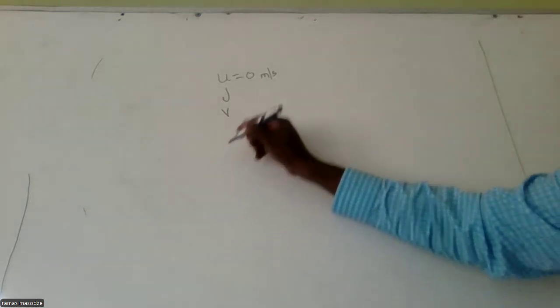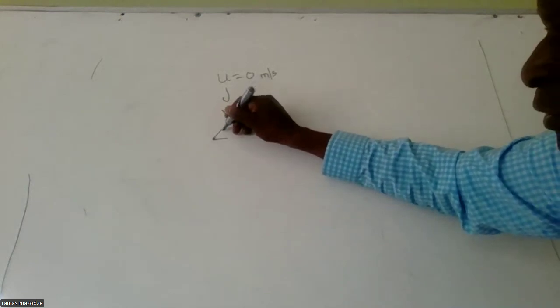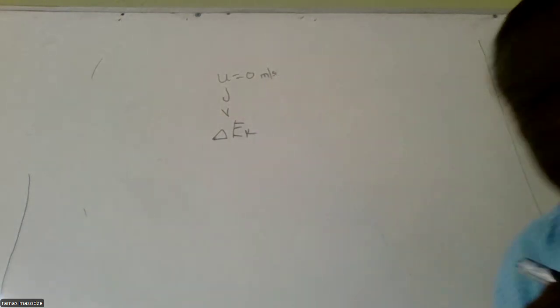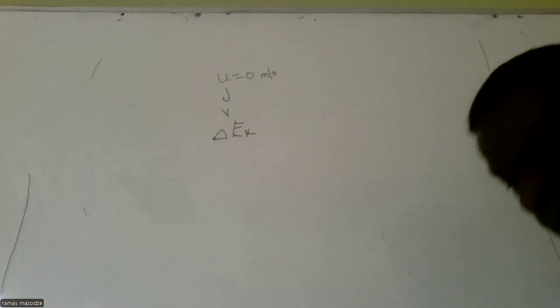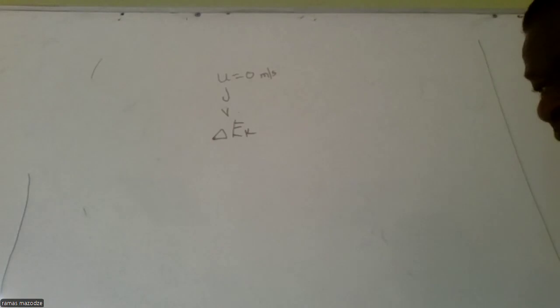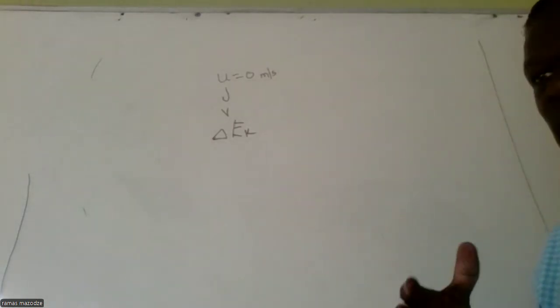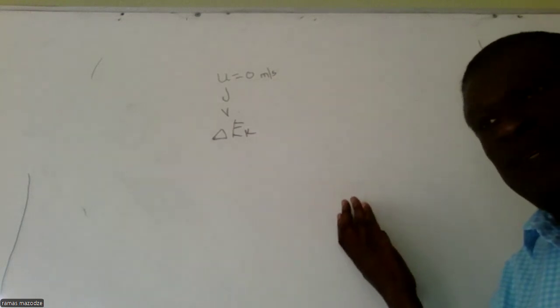So what we want is the change in kinetic energy. Right? That is the question. A variety of options were given as possible answers, but I'm not going to put them there. I'll just work it out, because the idea is you work it out first and then you compare with what is given.